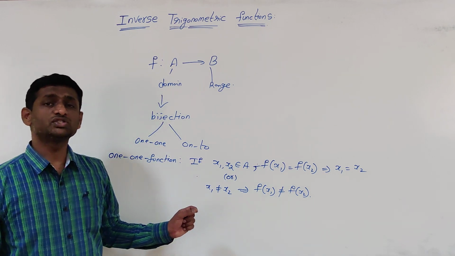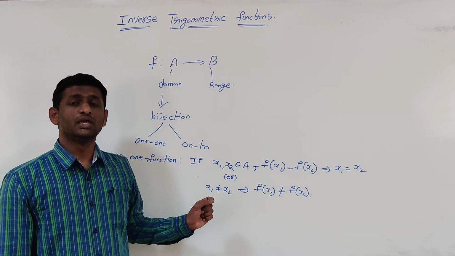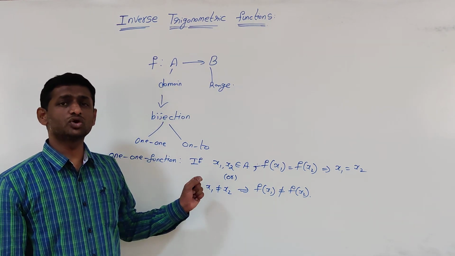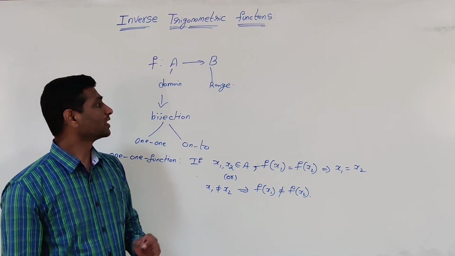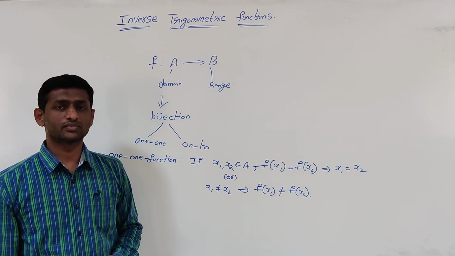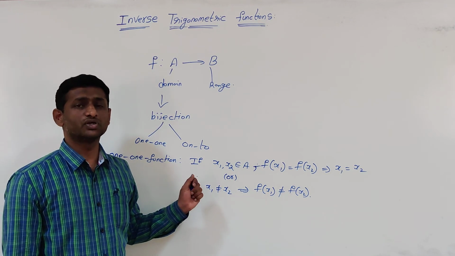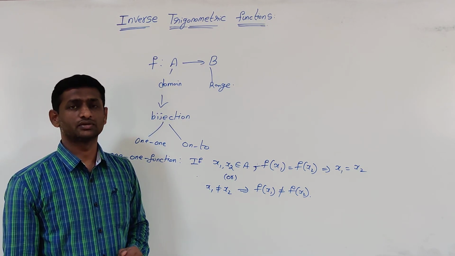A function is said to be one-one if distinct elements of the domain have distinct images in the codomain. Then that type of function is said to be one-one.